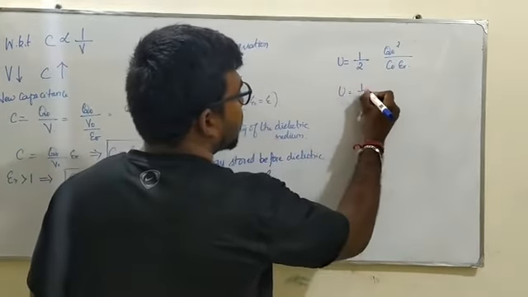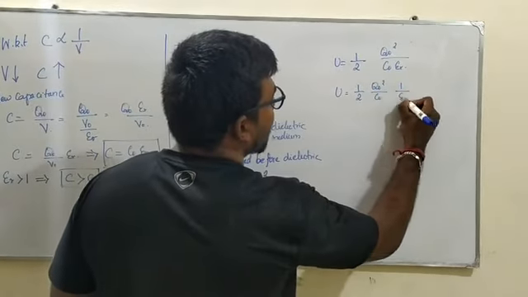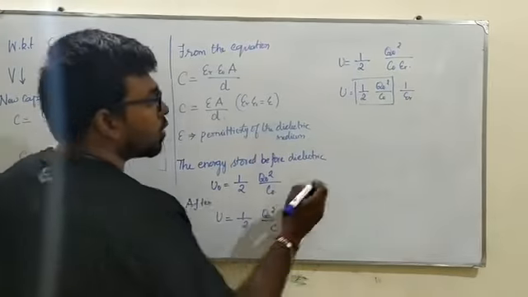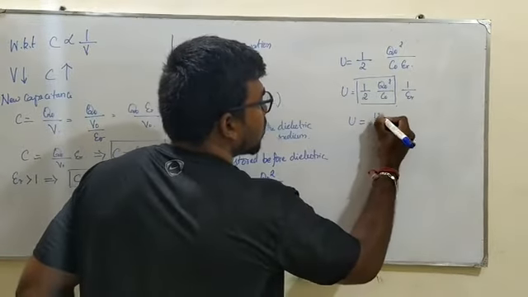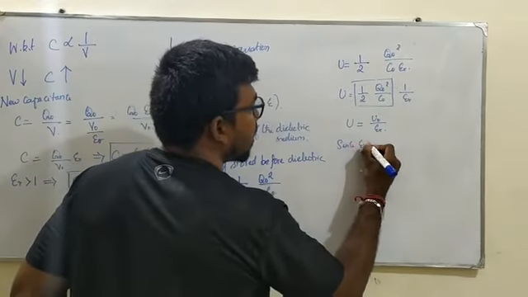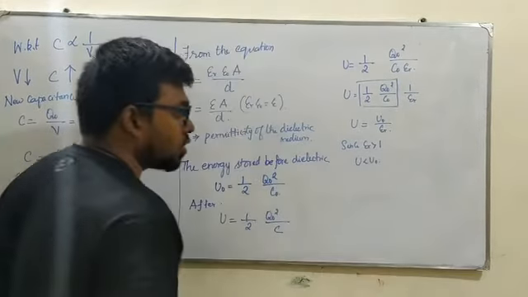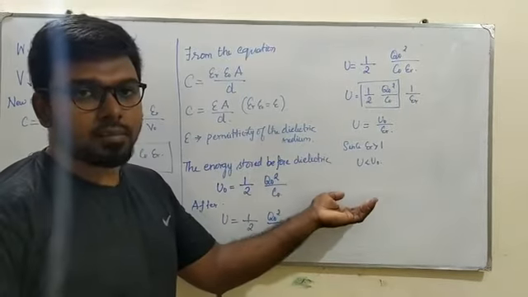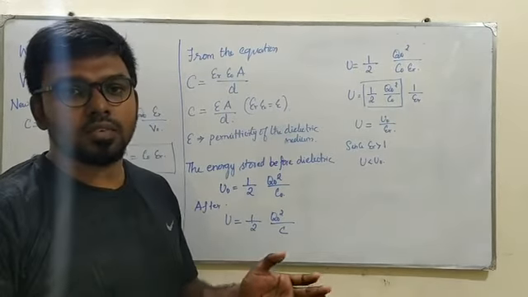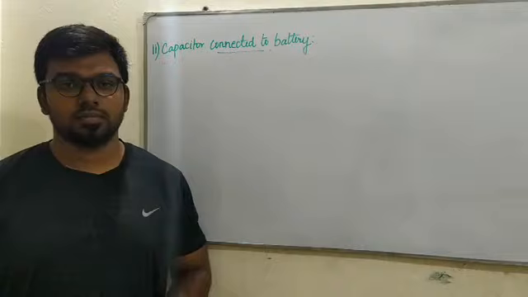So U is equal to 1 by 2 Q naught square by C naught into 1 by epsilon r. We know that 1 by 2 Q naught square by C naught is nothing but U naught. So U is equal to U naught by epsilon r. Since epsilon r is greater than 1, we can say that U is less than U naught. So after the introduction of the dielectric medium, the energy stored is reduced, because the energy stored will be used by the plates in order to pull the dielectric molecule.